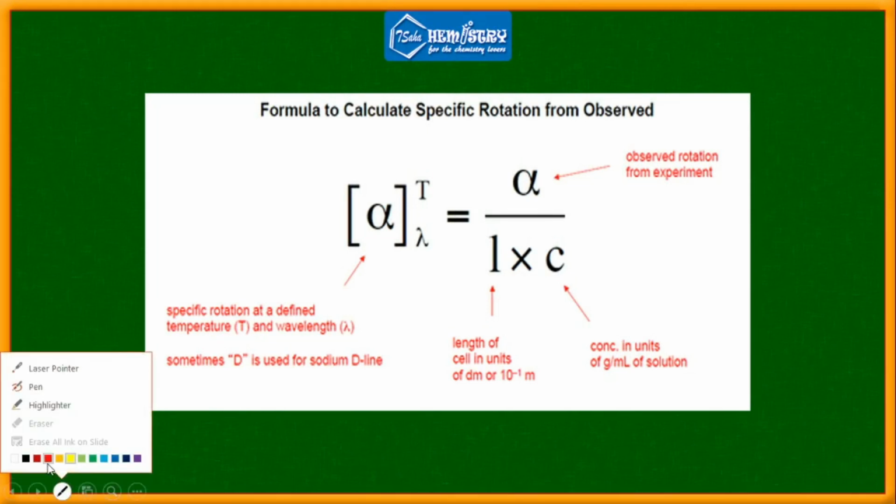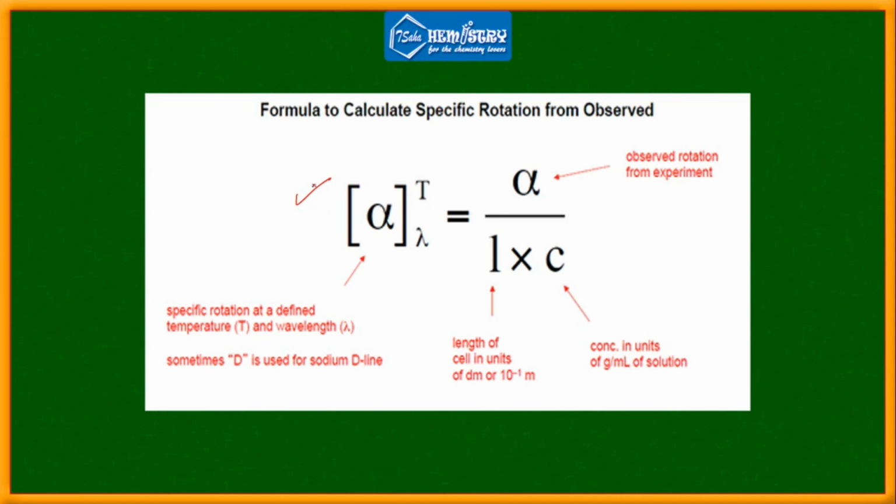The formula is, so this is the formula basically: alpha, this lambda indicates the wavelength, this T indicates the temperature at which the experiment was made. After that, this L and this C are given as the length of the polarimeter tube and C is the concentration.